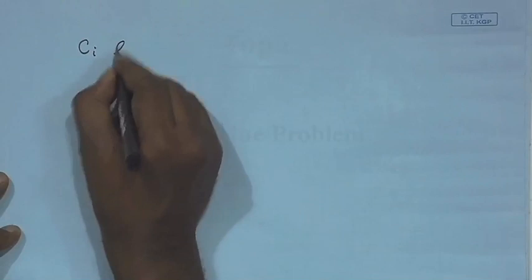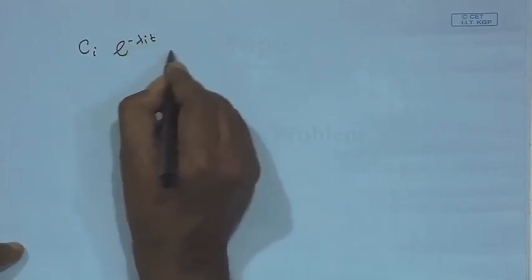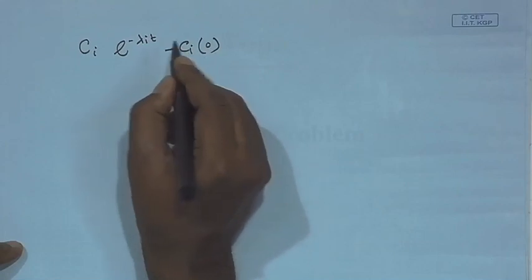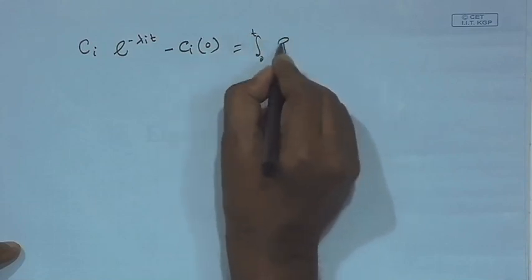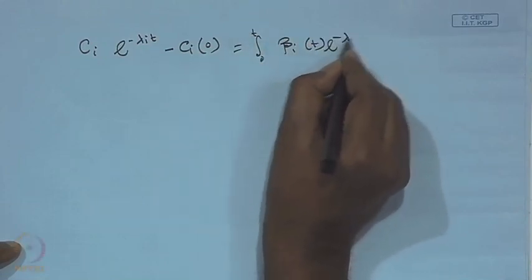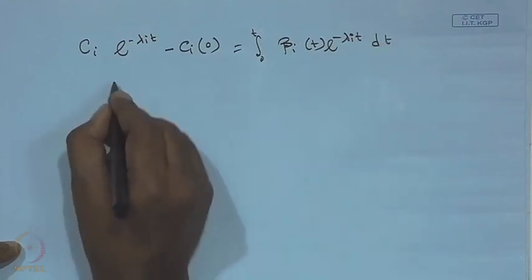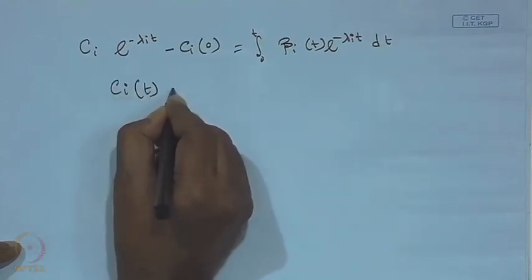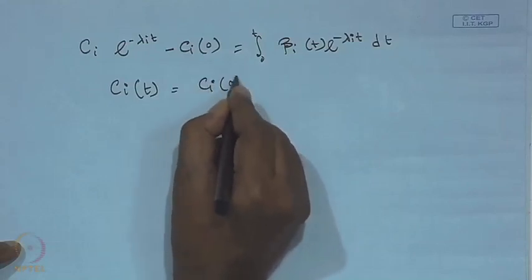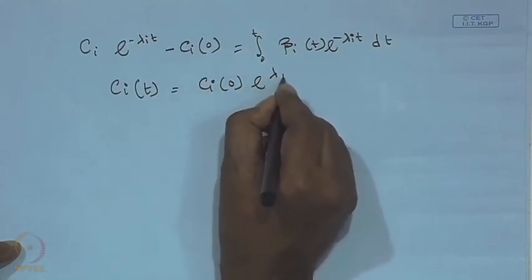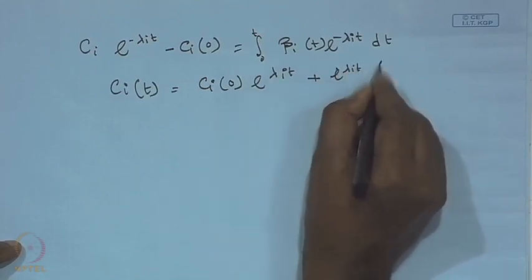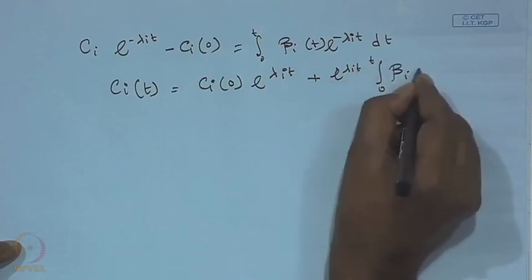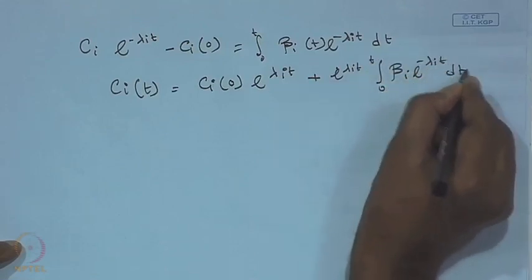So, after integration you will be getting c_i e^(-lambda_i t) minus c_i at time t equal to 0, where e to the power 0 becomes 1, is equal to the integral from 0 to t of beta_i(t) e^(-lambda_i t) dt, and you will be getting c_i as a function of time as c_i0 e^(lambda_i t) plus e^(lambda_i t) times the integral from 0 to t of beta_i e^(-lambda_i t) dt.